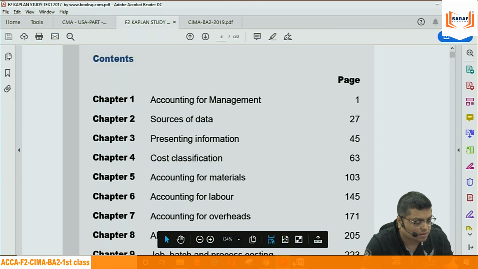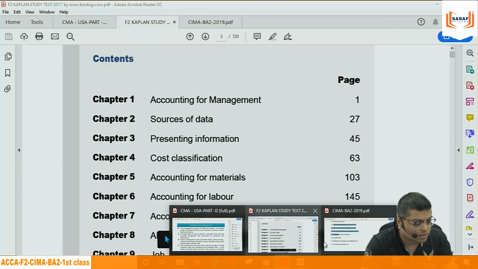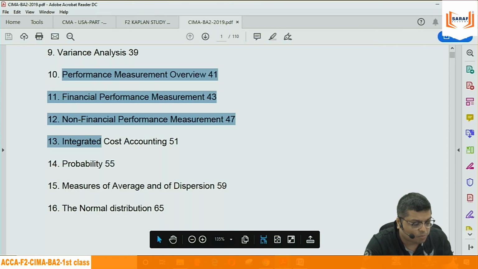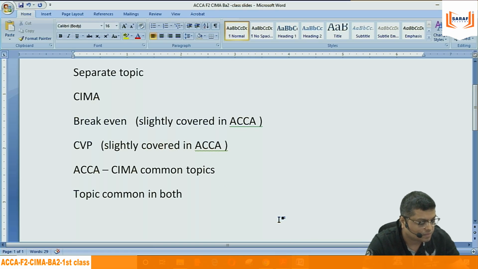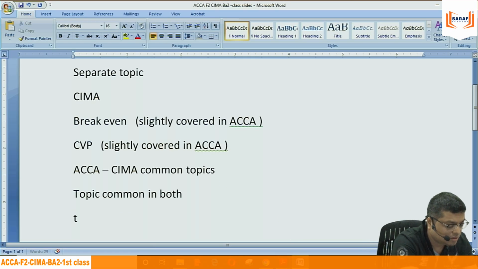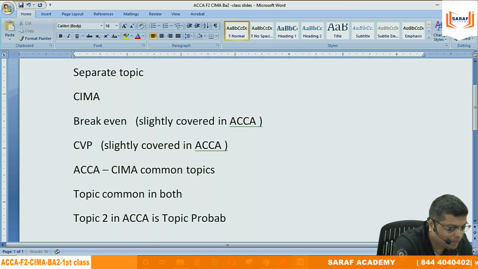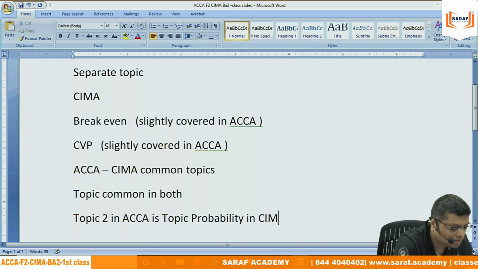Source of data, that is probability in CIMA. Topic 2 in ACCA is topic probability in CIMA.